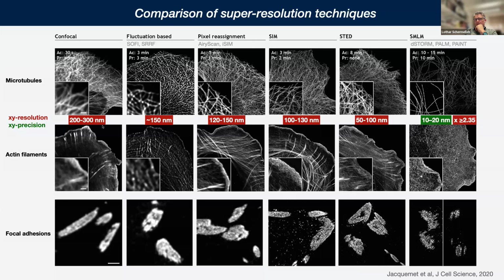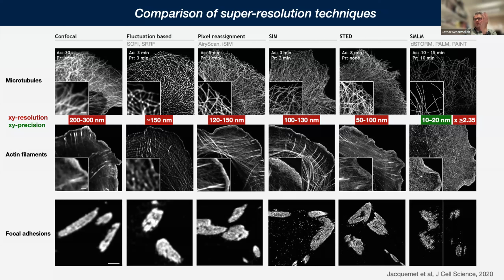Here you have the claimed resolution, 200 to 300 nanometer for confocal. A very popular kind of super resolution technique these days is pixel reassignment techniques, which include techniques like Airyscan or iSIM. They get down to 120 to 150 nanometer. They use deconvolution for that, so something to keep in mind.